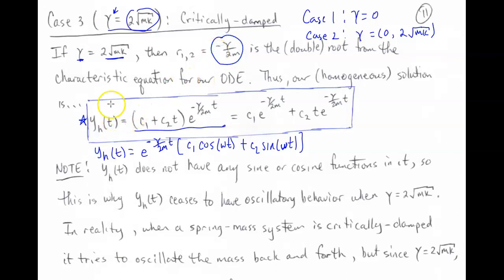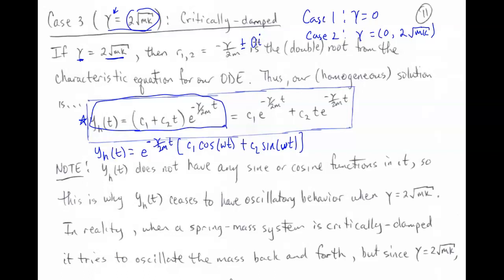And of course, we know from what we know about second order linear homogeneous equations, this is going to be our homogeneous response, okay? So notice that we only have a real part for our roots. So if we wanted to write this in an imaginary fashion, it would look like this.